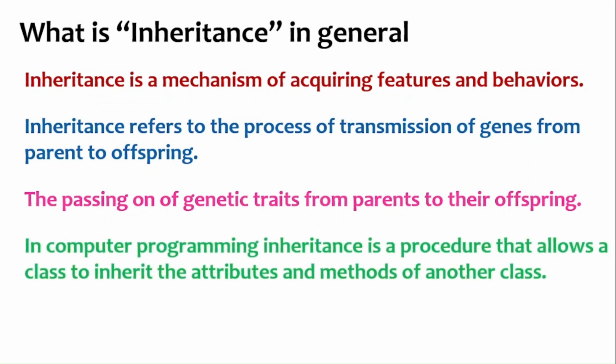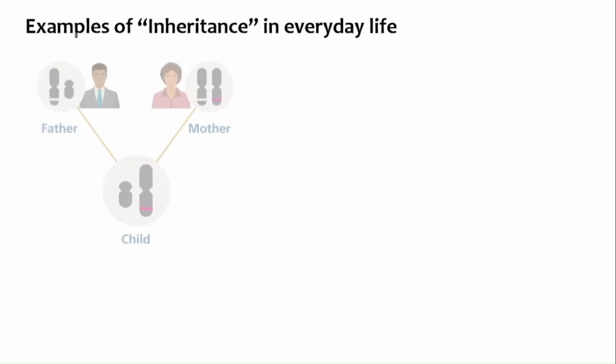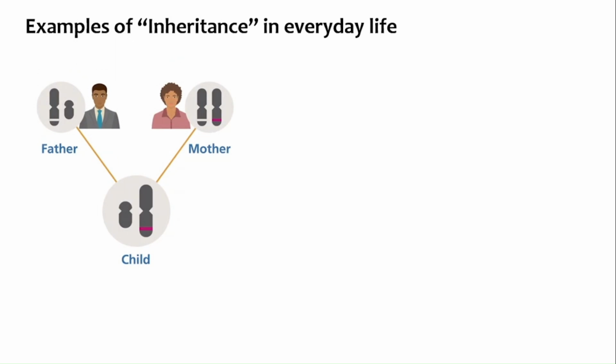In computer programming, inheritance is a procedure that allows a class to inherit the attributes and methods of another class. We often use the words hereditary, genetical, inborn, inbred, native, natural. That is nothing but everything is pointing to inheritance. These are some of the examples. We inherit the properties of our parents. Every child inherits the properties of their parents.